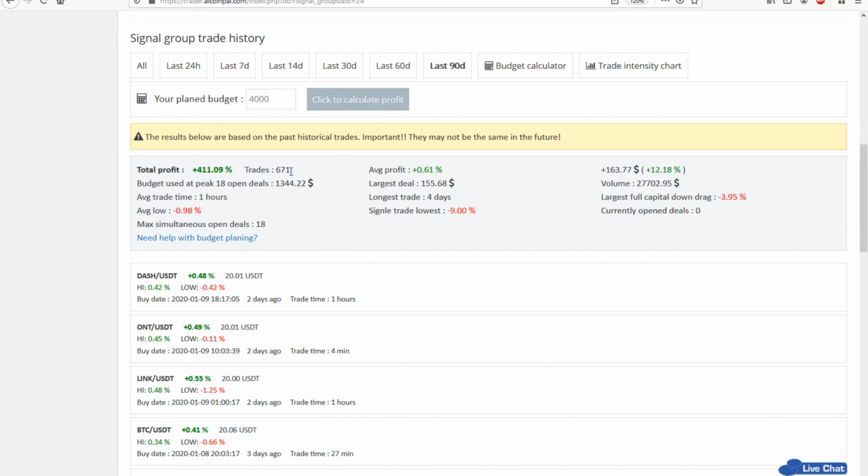It will have a little bit more trades. If we had 10,000, we had again a little bit more trades, but if we were to have, let's say, 30,000, no changes at all. That means that this bot is not designed or meant for people with large budgets.